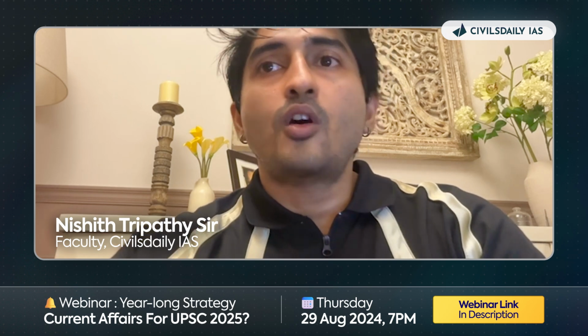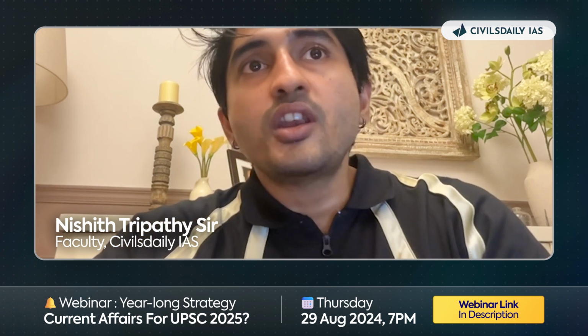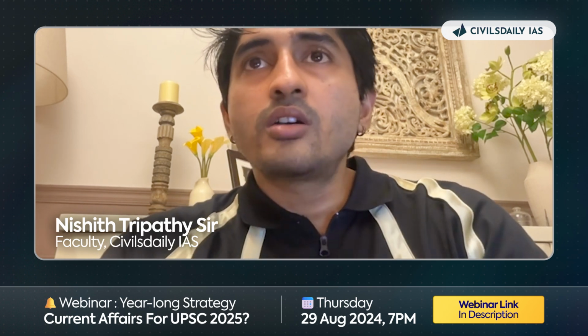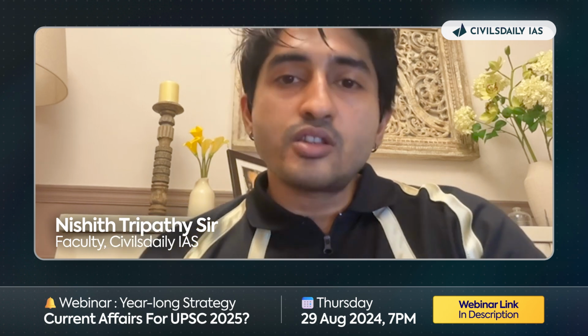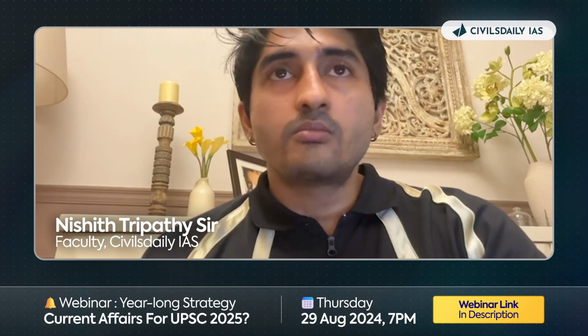That is the reason why we are trying to cover as many sources of current affairs as possible. Obviously there is no guarantee that each and every question UPSC asks will come from a particular current affairs magazine. But referring to diverse sources increases the probability of hitting the current affairs question in the prelims and mains examination.